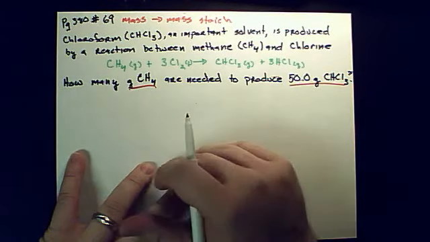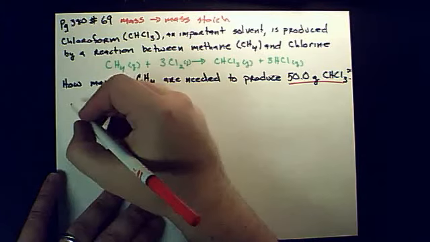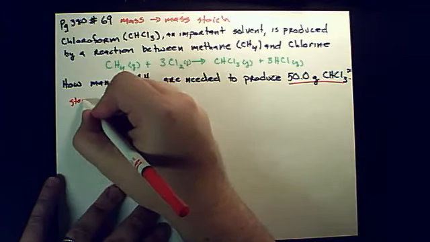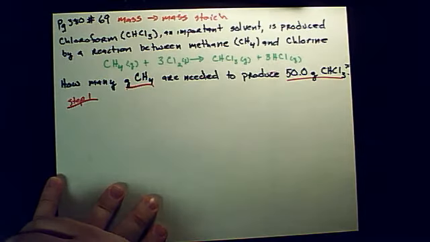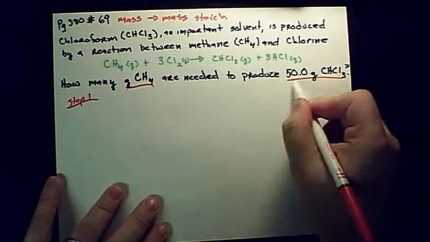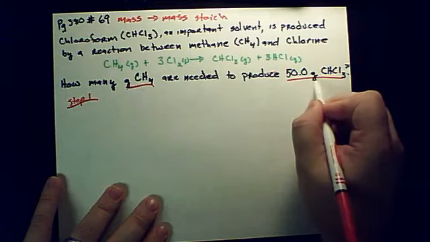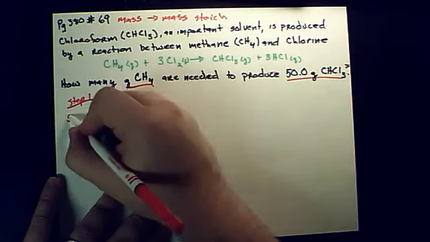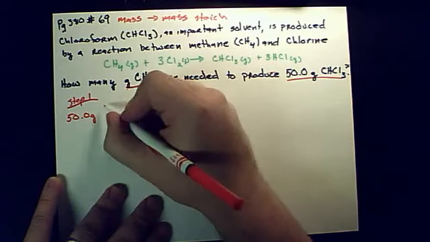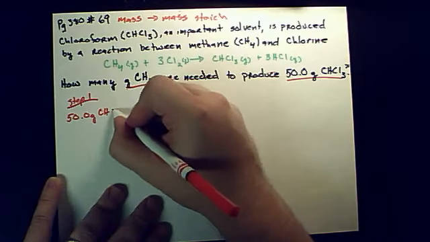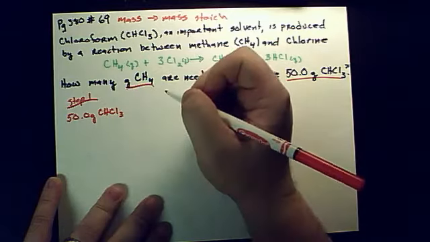Now, I'm going to do all steps of stoichiometry together. Step 1. Convert to moles. I have only one number in the equation that it gave me, and it gave me a mass. So I have 50.0 grams of CHCl3.